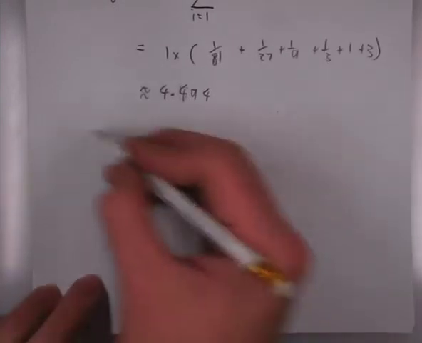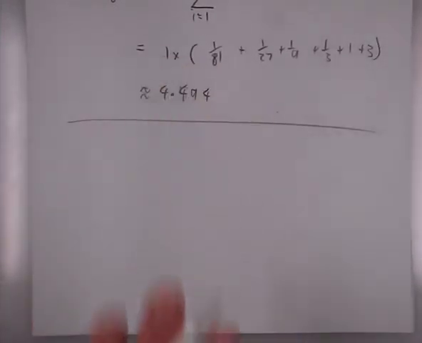Okay, so let's do another example. I haven't done the whole of this, but I don't want to go on forever. So my other example will be one of the classics.